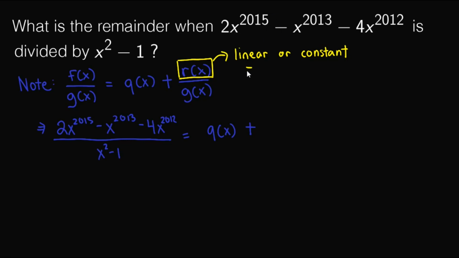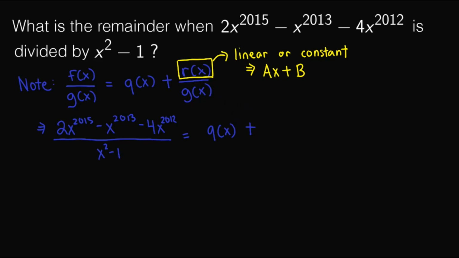So we may assume it to be of the form ax plus b, where a and b are constants. If a is equal to 0, then the remainder becomes b, a constant. So this is the correct form to represent our remainder.